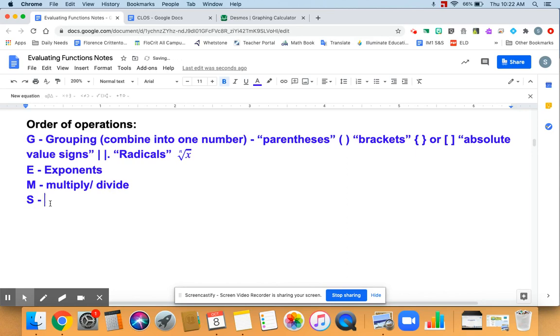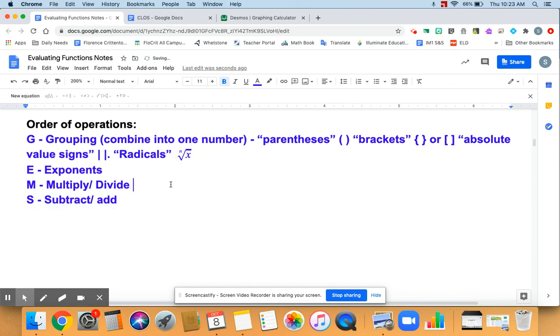The weakest thing and the last thing you do, S stands for subtract. Add. Again, subtracting and adding are the same thing. Subtracting is just adding a negative number. So one is not stronger than the other. They are equal weight.